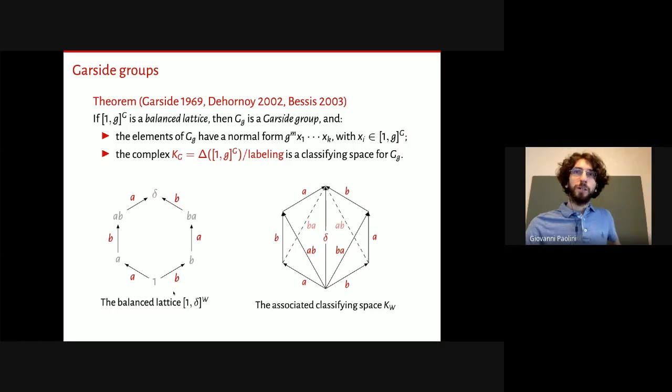On the left, we have the same interval as the previous slide, the one that comes from the symmetric group sigma 3. By the way, this interval satisfies the combinatorial properties that we need to apply the theorem. On the right, we have the interval complex, which is a union of 2 tetrahedra.